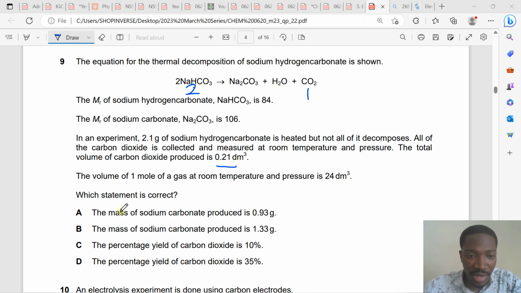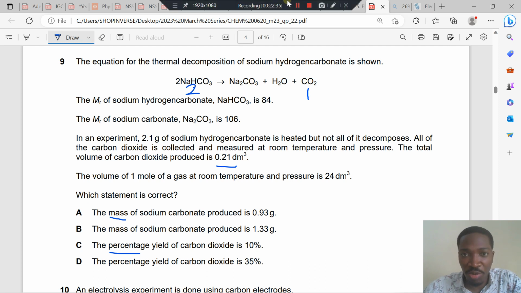Since we are interested in the mass or the percentage yield, and our focus is carbon dioxide, then we need to know the number of moles of carbon dioxide that will be produced, right? Good. But we cannot find the number of moles of carbon dioxide that will be produced without determining the number of moles of what? Of the sodium carbonate that will be produced.